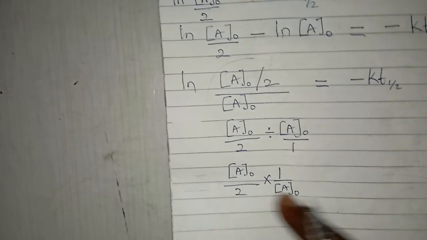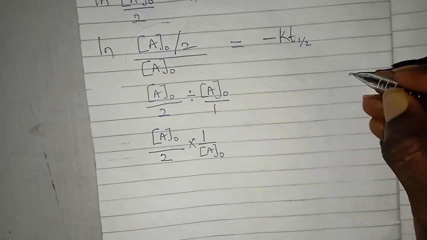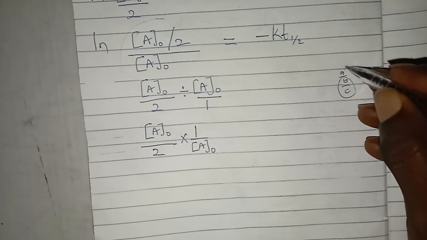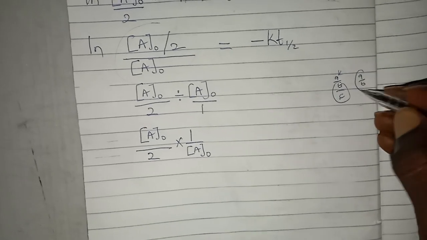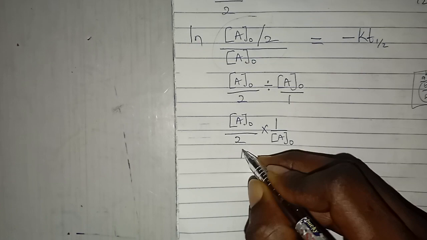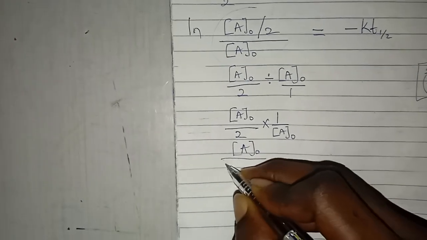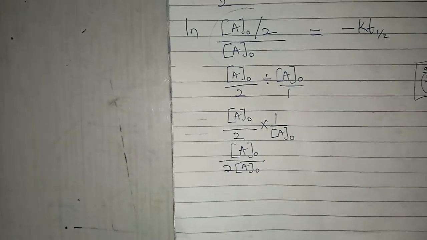So notice why I did it this way, so that you see that it is not the same thing as when I have A over B over C, where you divide this with this. Rather, I have something of A over B and all of it is being divided by C. Always get that point, the difference, so you don't confuse it. So this is going to be A naught all over 2 A naught, or you say 2 times initial concentration.